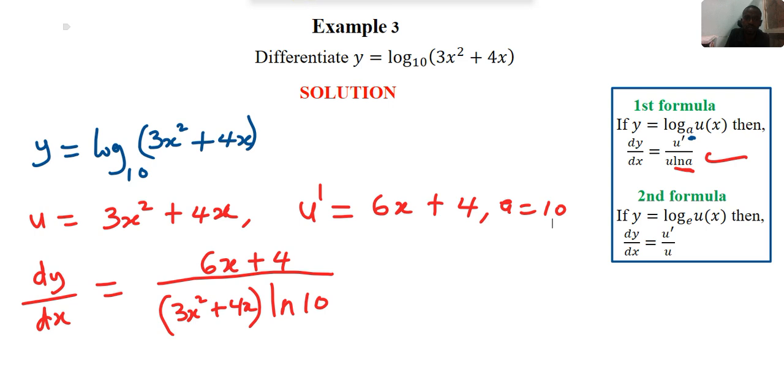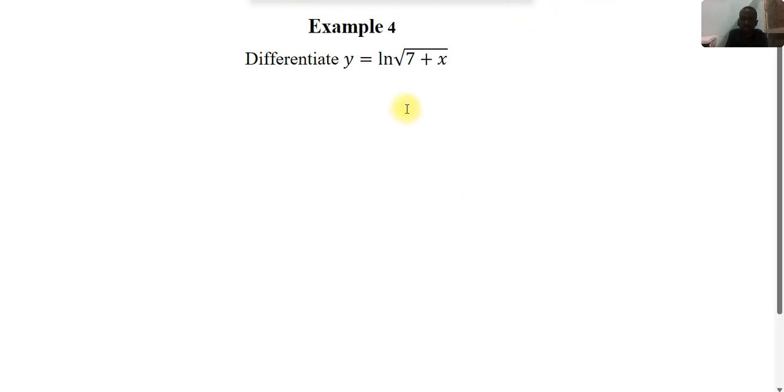We take the fourth one. Now this one says we should differentiate y equals the square root of 7 plus x. Differentiate y equals the square root of 7 plus x.